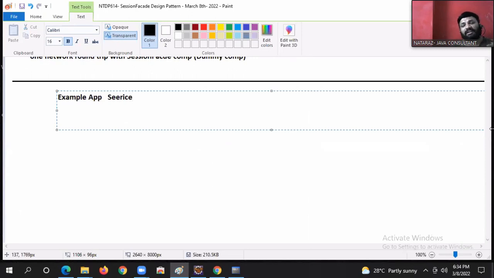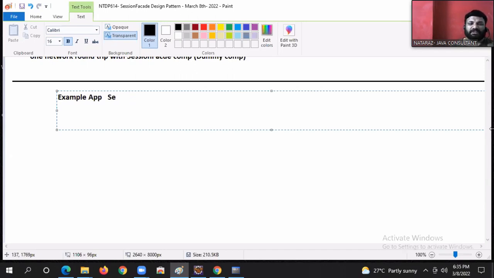Why service locator? This dummy component will be there in the JNDI registry. Dummy component details will be there in the JNDI registry. There should be someone talking to the JNDI registry getting what? Dummy component reference, right? For that, it is better to go for service locator support or not.